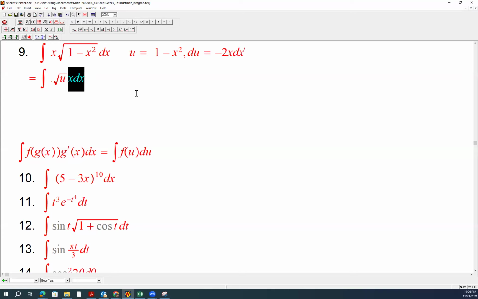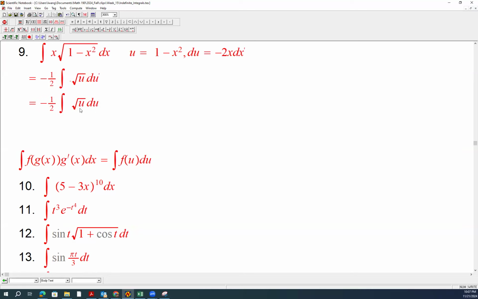Or you can bring them together. You don't have to do it explicitly. So x times dx equals negative half du, right? So this piece, you're going to replace by negative half. Negative half is a constant, and du, right?